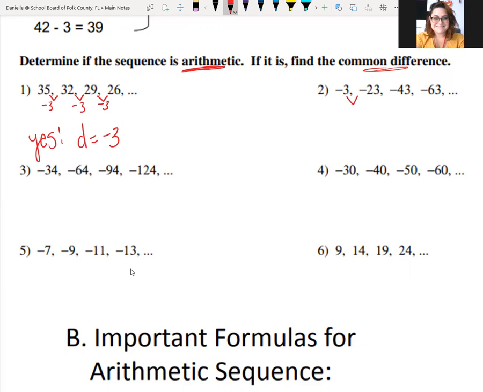Negative 3 to negative 23, that's going to be minus 20. From 23 to 43 is again going to be plus 20. And 43 to 63 is also plus 20. So this is also a sequence, where d equals 20 this time.